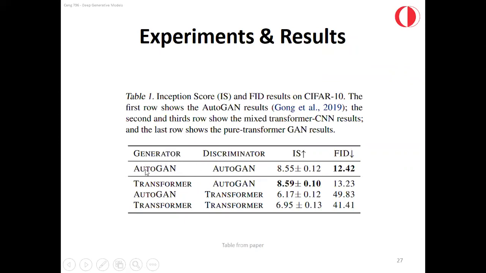As a generator CNN and discriminator CNN, we could see that the generator transformer outperforms very well, but the transformer generator with the transformer discriminator is not doing well. But this model did not use data augmentation, so that's why the inception score is lower with respect to others.